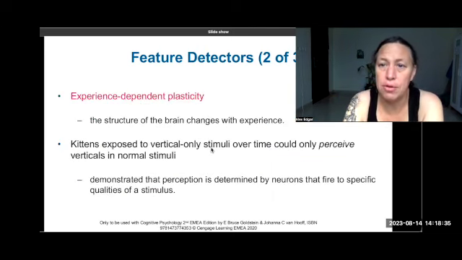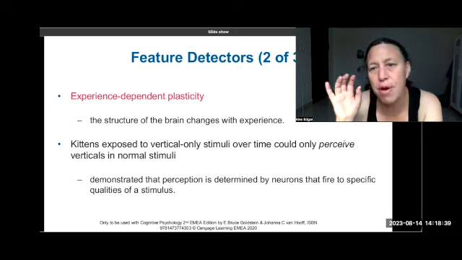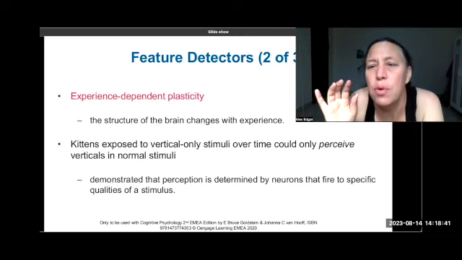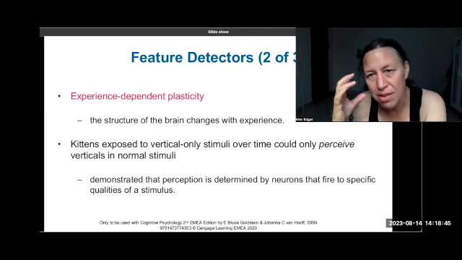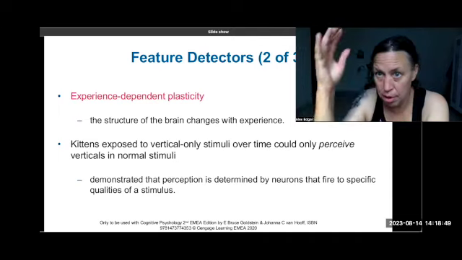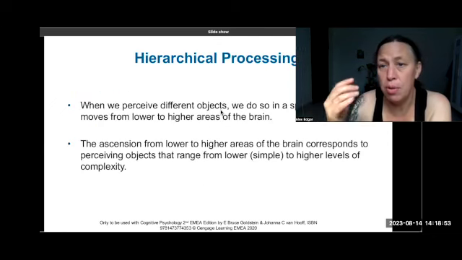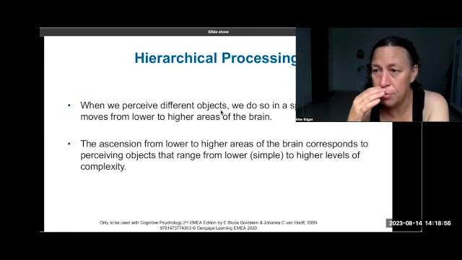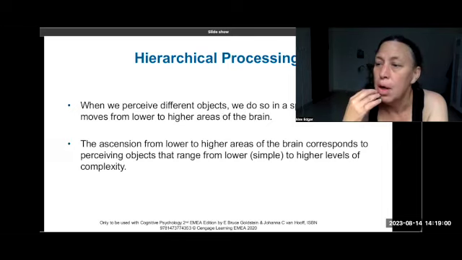Then they did more horrible things to kittens over time. And they proved that the brain is plastic. In other words, if you restrict the input, the brain then gets stuck like that and cannot process a larger sensory field. So a gentler example is children who have been raised from infancy by animals.